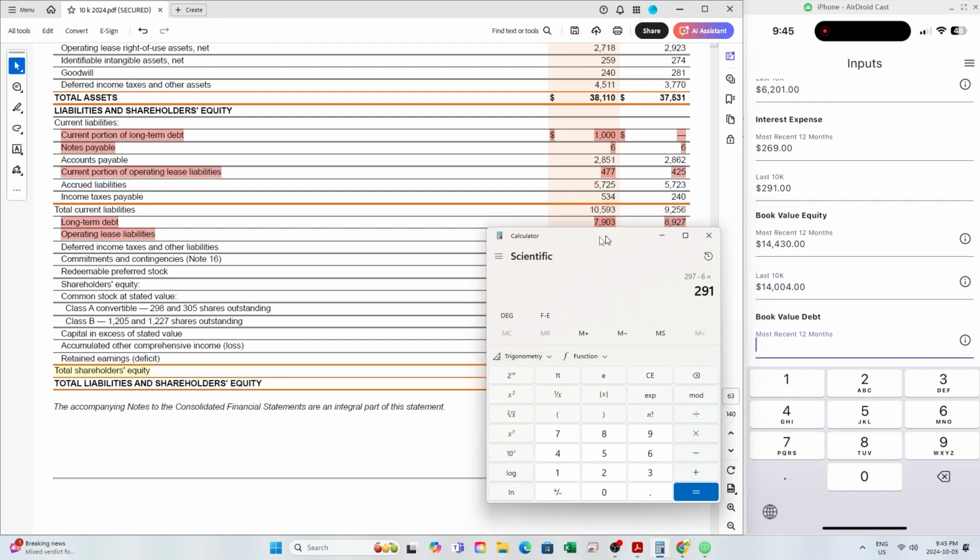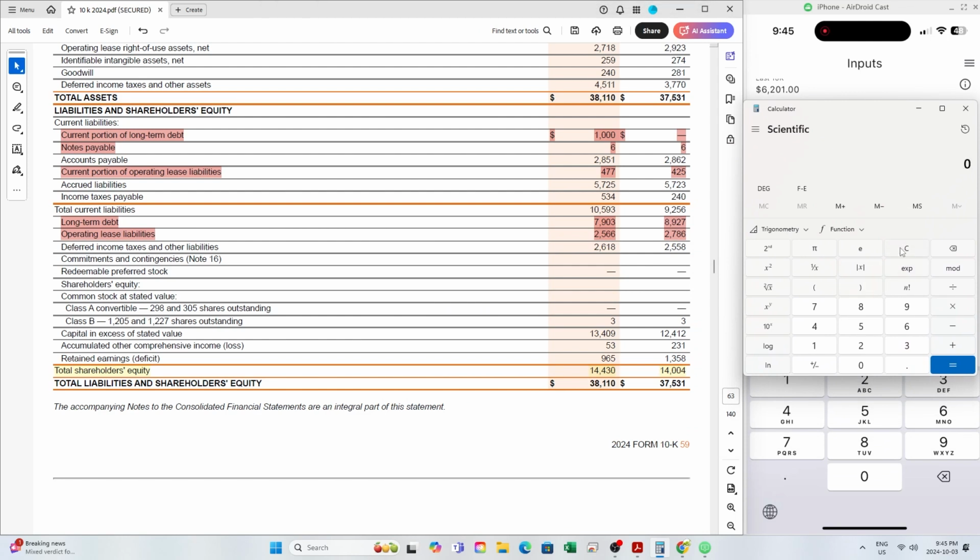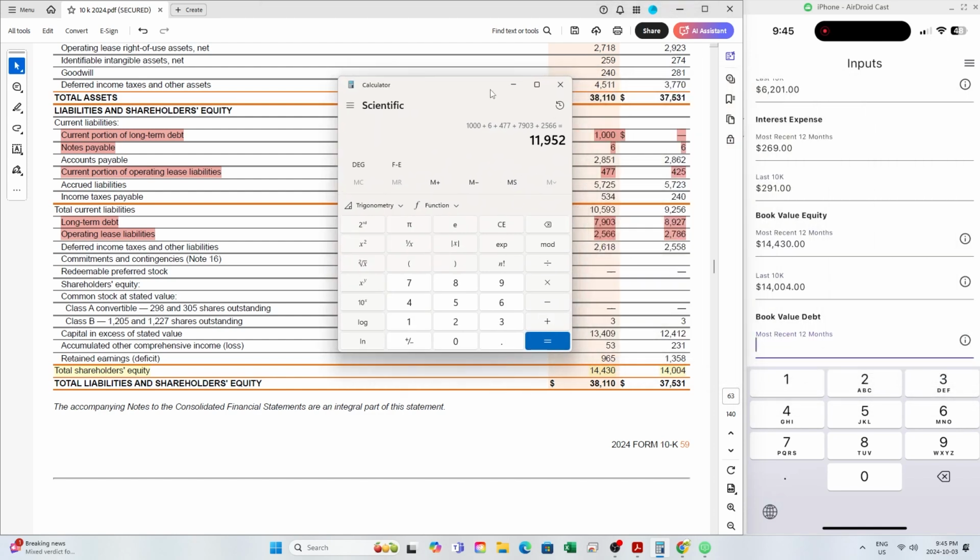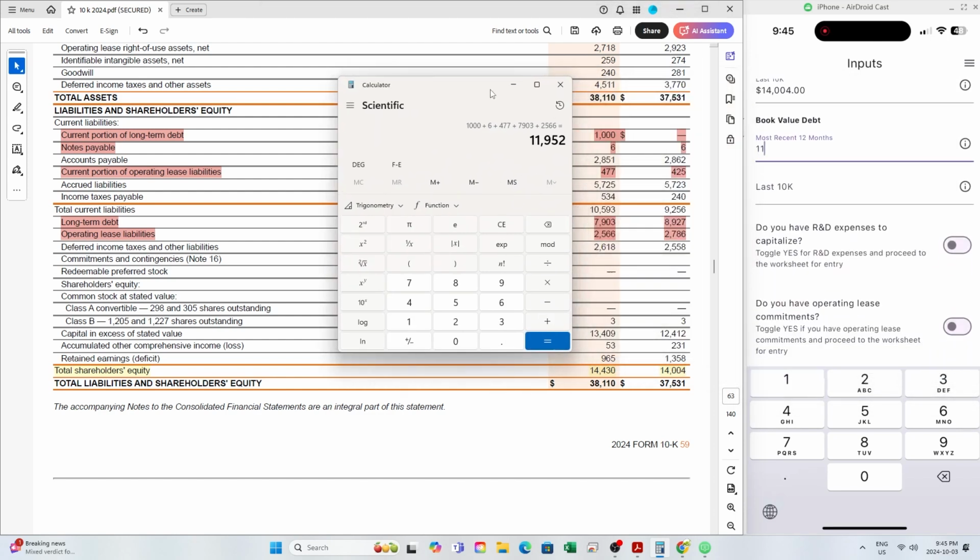Add up all the interest-bearing debt for 2024: notes payable, current portion of operating lease liabilities, long-term debt, and operating lease liabilities, totaling $11,952, and the same thing for the last 10-K.